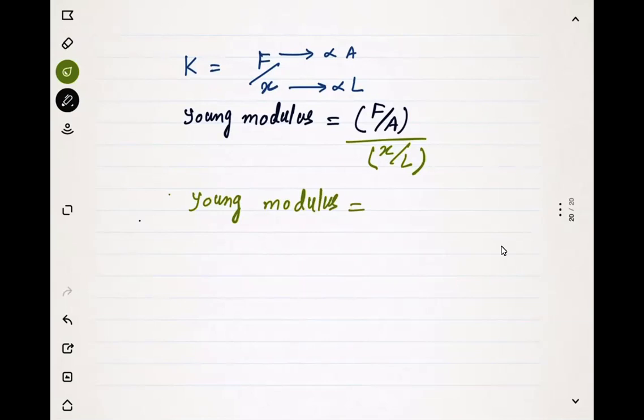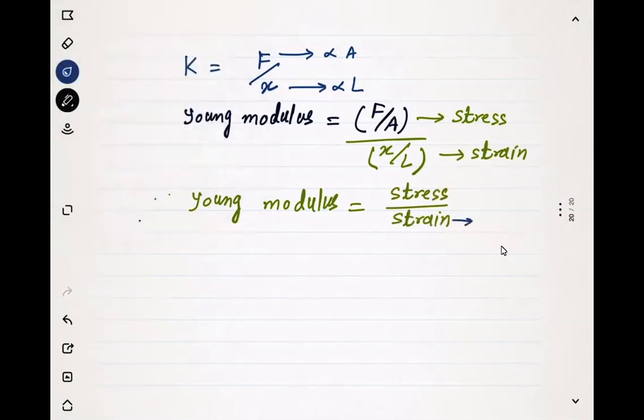Young modulus only depends on the material, while Hooke's constant depends on the material, length and area. So length and area have been eliminated. So the quantity in the denominator is called stress. The quantity in the numerator is called strain. So Young modulus can be written as stress over strain. As you see, strain has no unit.